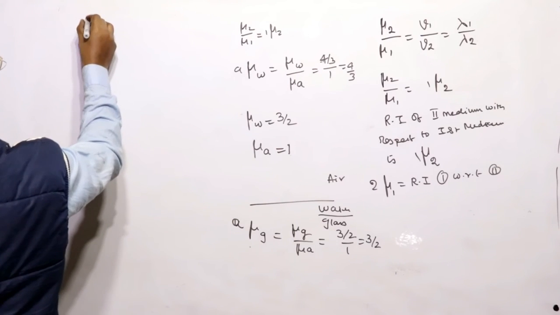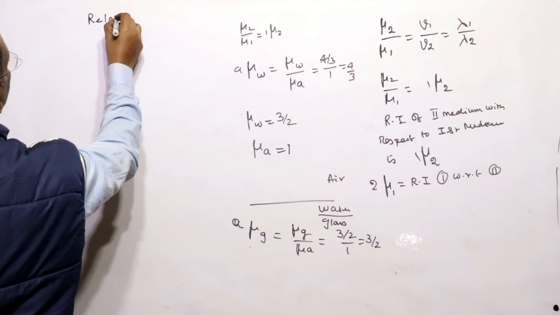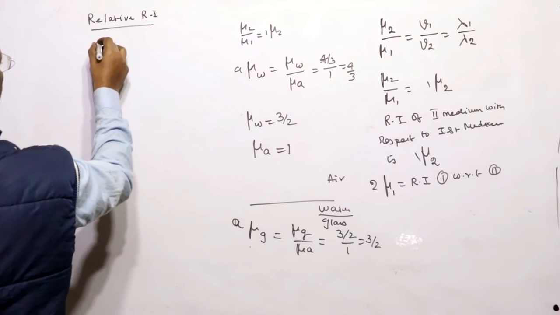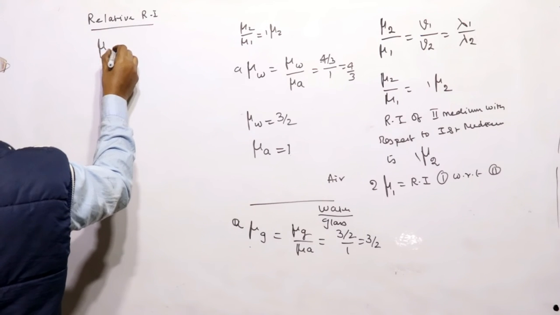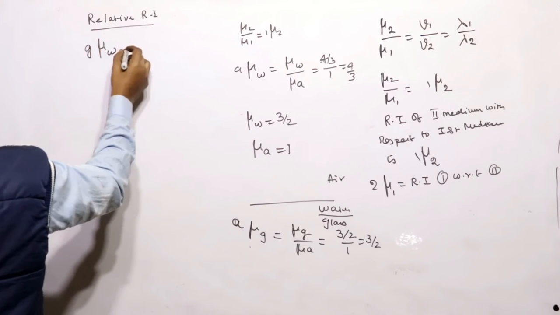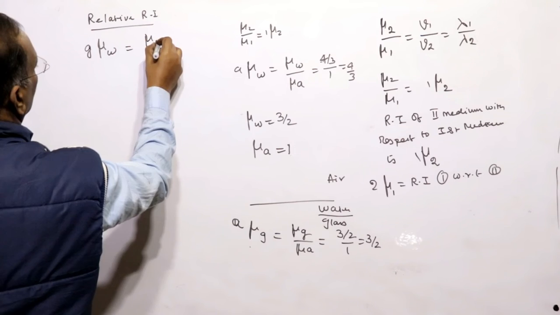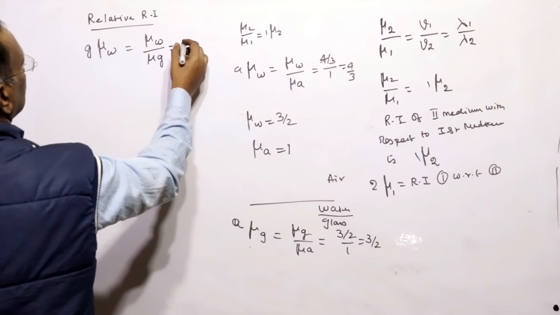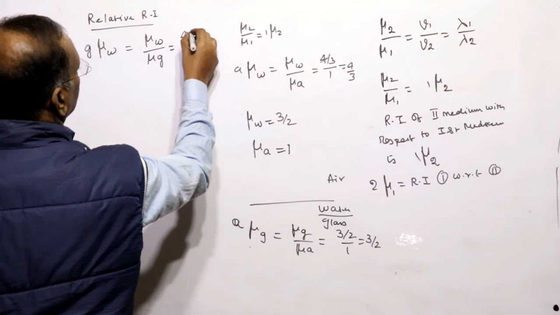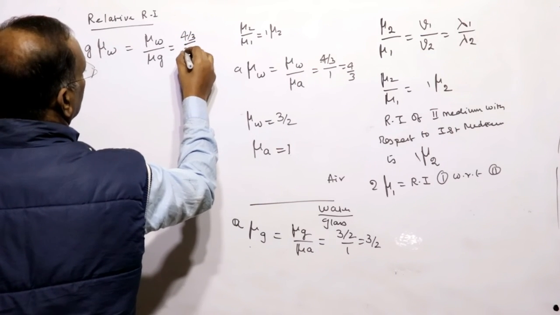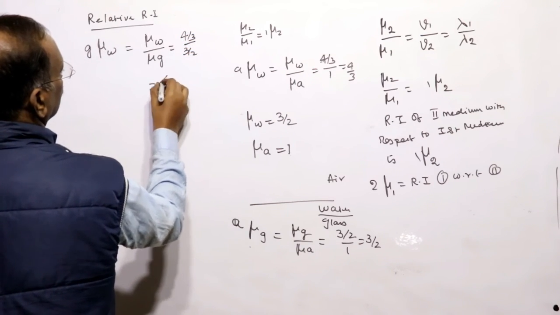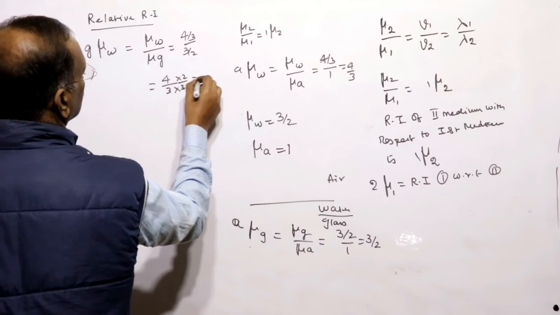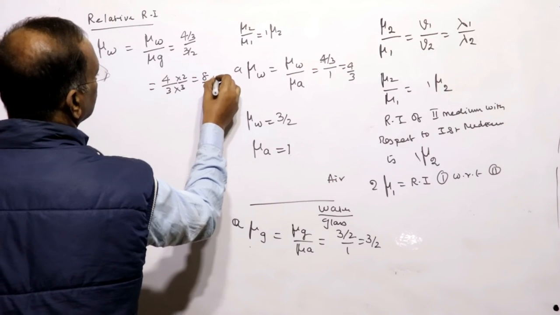Now relative refractive index. Refractive index of water with respect to glass is equal to refractive index of water by refractive index of glass, which is equal to 4 by 3 by 3 by 2, is equal to 4 by 3 into 2 by 3, is equal to 8 by 9, which is less than 1.